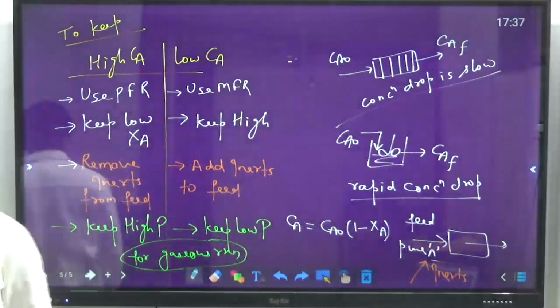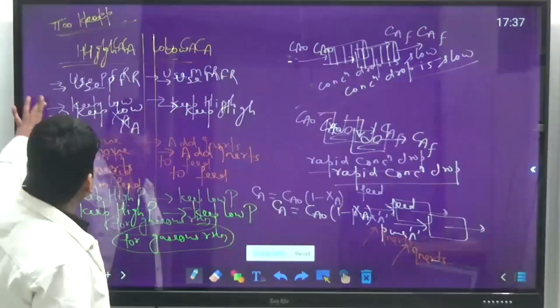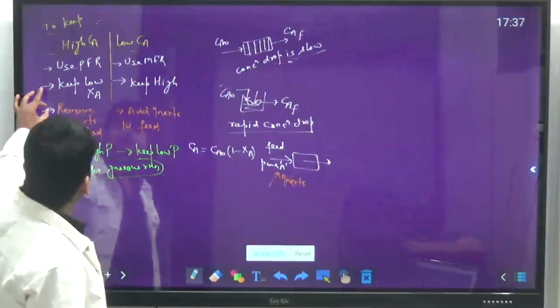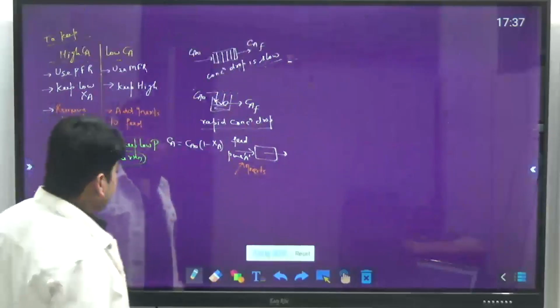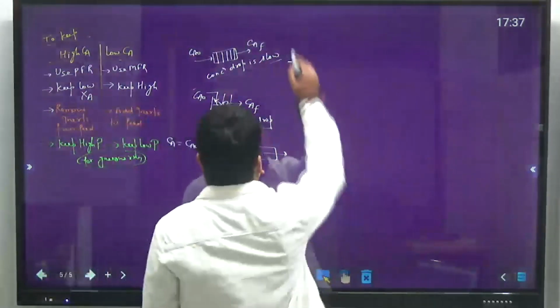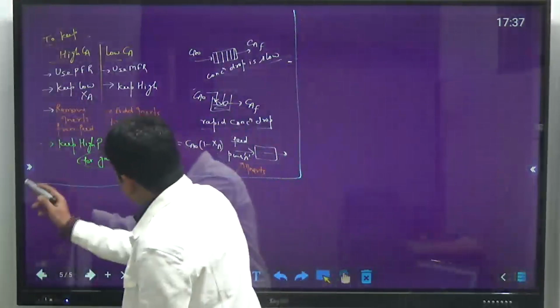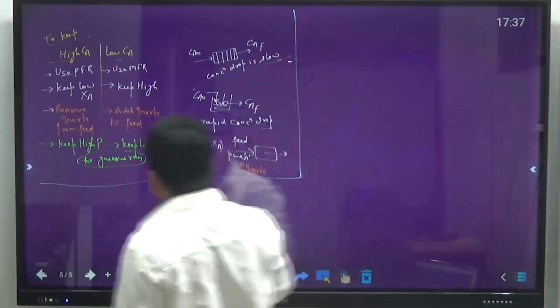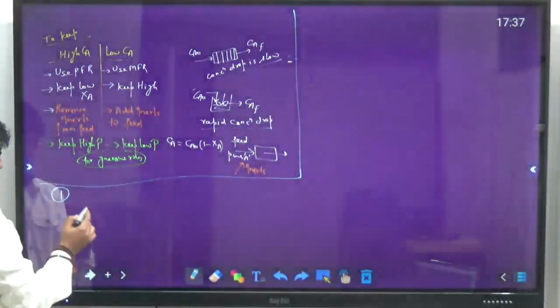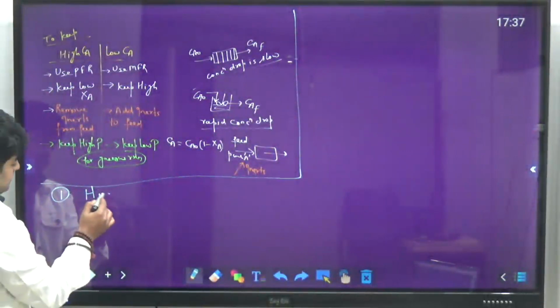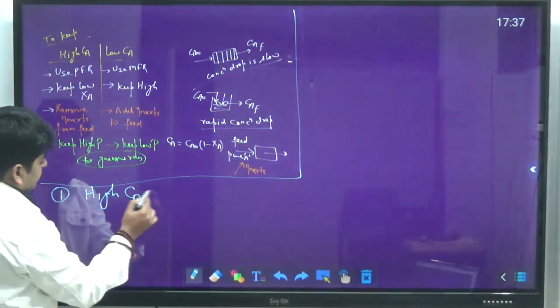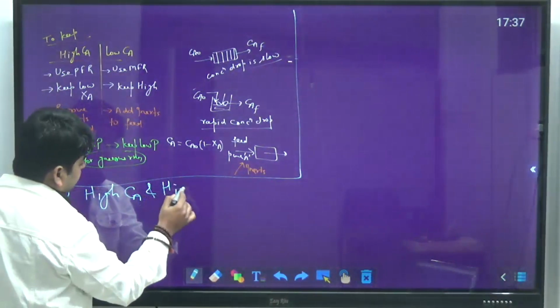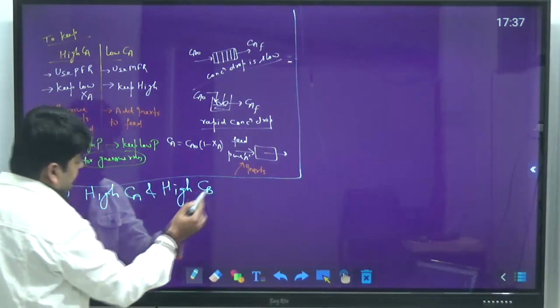You can understand the block diagrams of these points as well. There will be one case where I want to keep high Ca and high Cb.